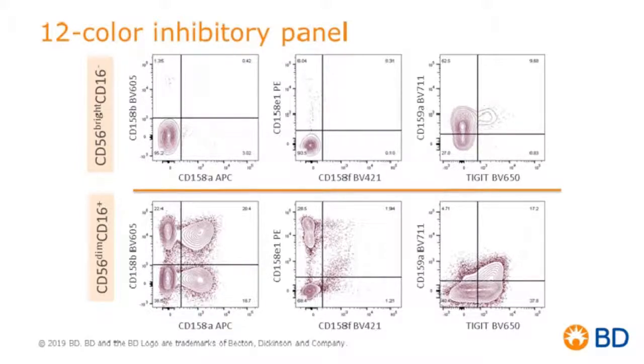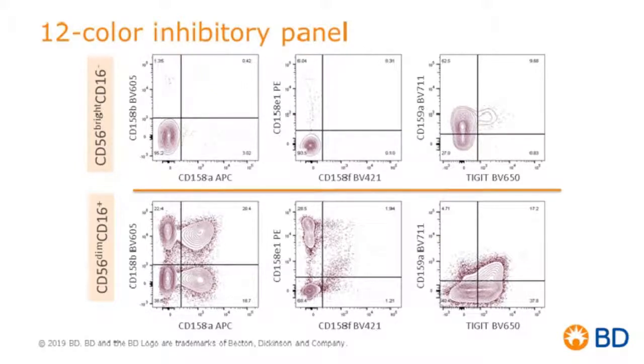So we have NK cells that express only CD158A or only CD158B, or a subset of NK cells that express both or neither. So again, that speaks about the heterogeneity of NK cells and the different combinations of receptors that we can find at the single cell level.